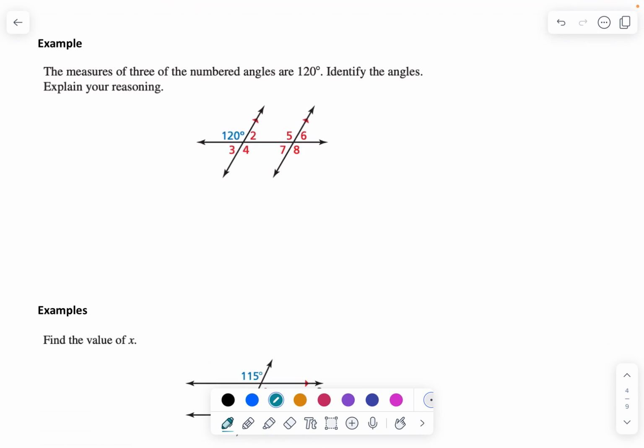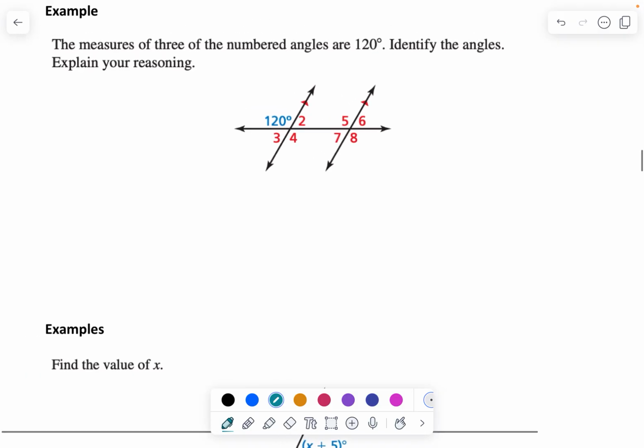So here for this one, we are given one angle of 120. So only using our angle relationships, only with regard to this angle right here, knowing our angle relationships, can we identify 3 other angles that would be 120 degrees?